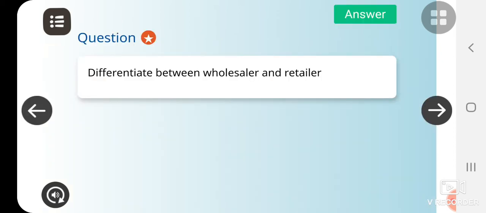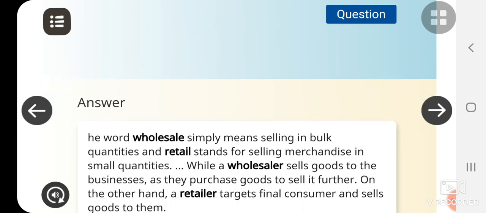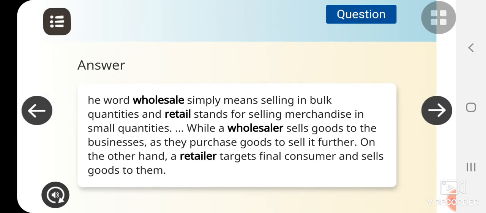Differentiate between wholesaler and retailer. When you have gone through the chapter, you might have studied about the wholesaler, retailer, and in our day to day life also, you might have heard these terms used by your elders. So, the word wholesale simply means selling in bulk.